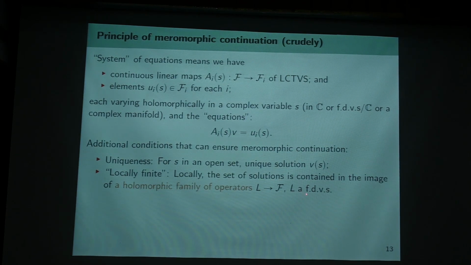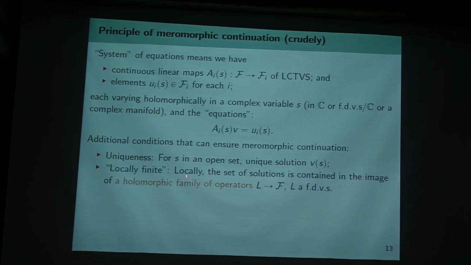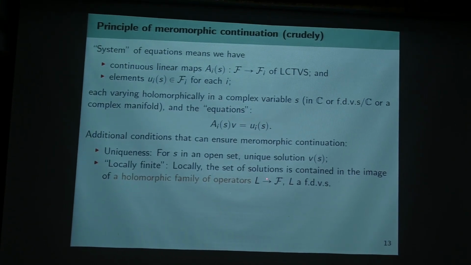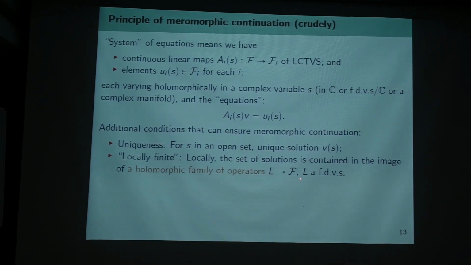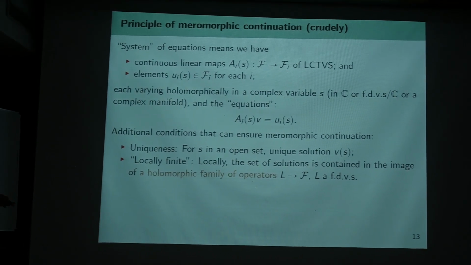So it has to be basically some sort of a finite problem, at least locally. You should have a fixed finite dimensional vector space L independent of S, and a holomorphic family of operators from L to F, such that the solution is contained in it. All this should happen locally.